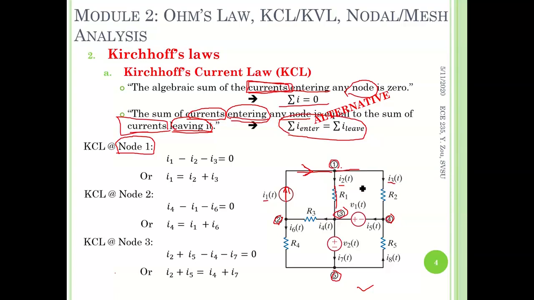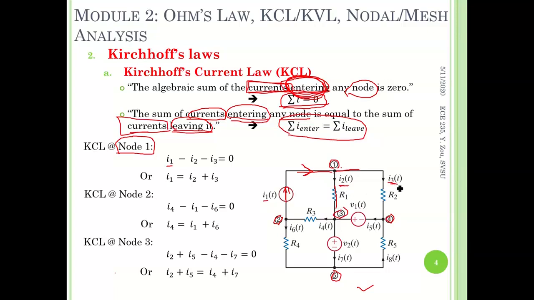So how do we write this equation based on the first description? I1, as it is entering node 1, is positive I1. I2 and I3 are leaving the node rather than entering node 1. So what we can do is flip their directions and also give their values, I2 and I3, a negative sign.